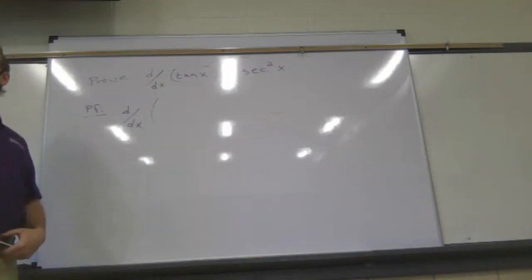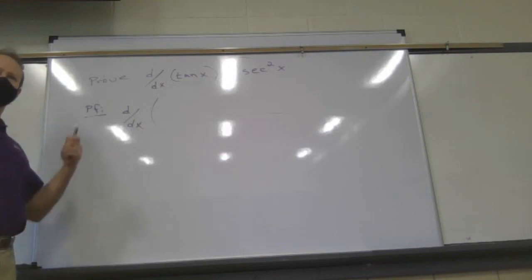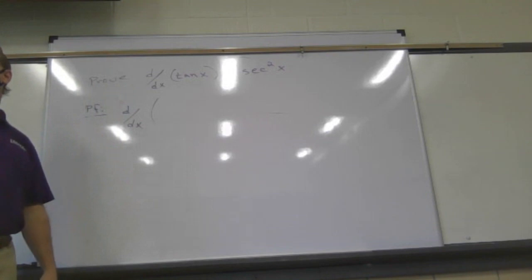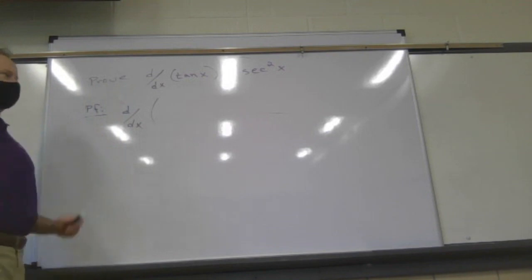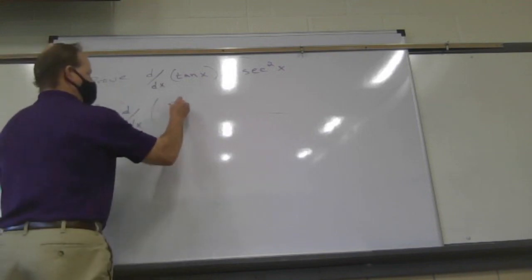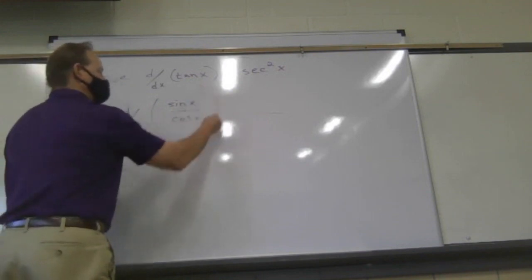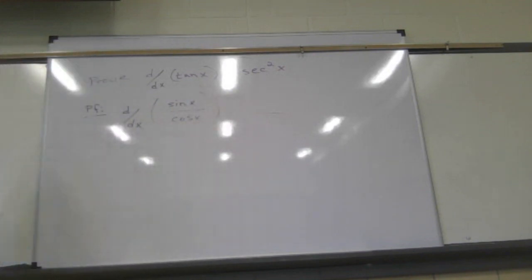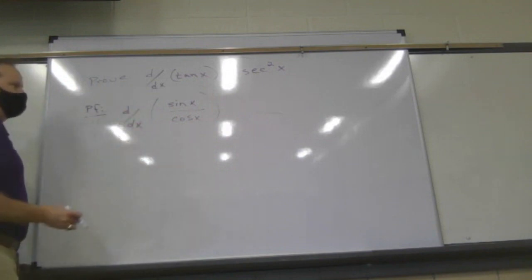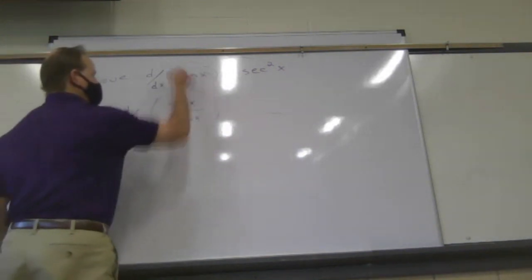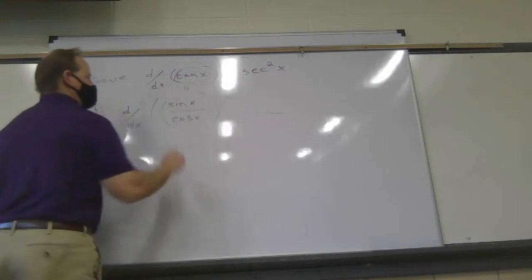By definition. Opposite over adjacent, but in terms of sine and cosine, sine over cosine, right? So we're taking the derivative of sine x over cosine x, correct? Everybody agree? So it's equivalent to that. That's what tangent is: sine x over cosine x.